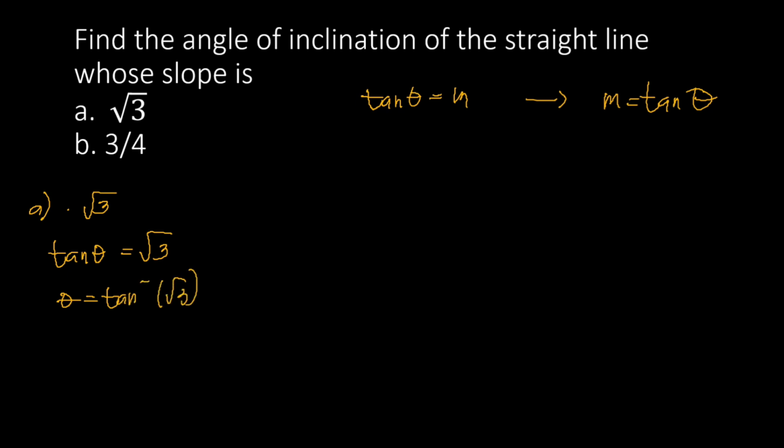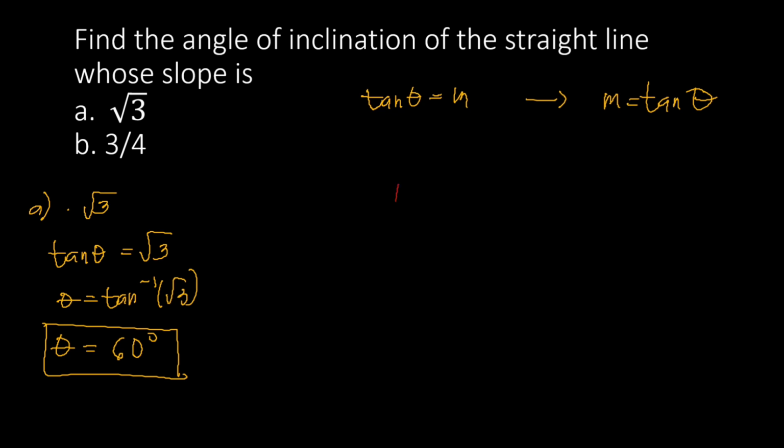Just get your calculator, press shift, and then tangent para lumabas yung inverse tan. And then square root of 3. So, lumabas doon ay 60 degrees. So, the inclination of a line whose slope is negative square root of 3 is 60 degrees.